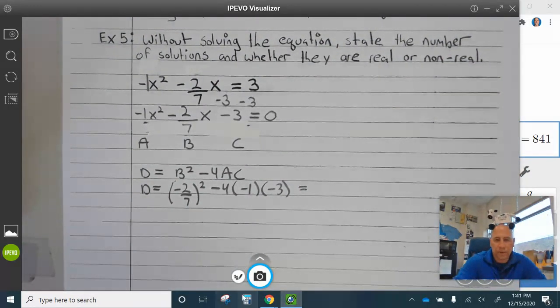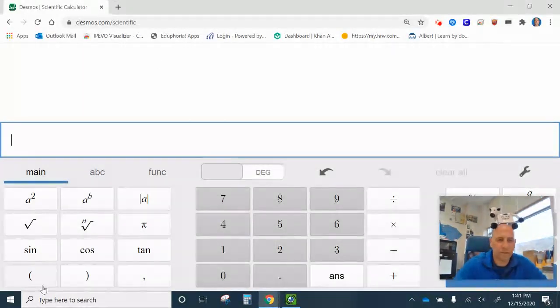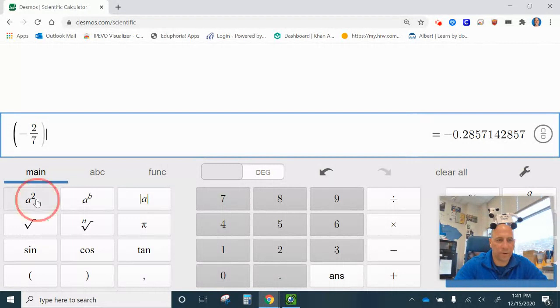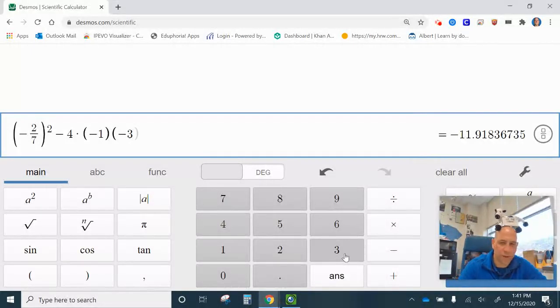Alright, so now let's use the scientific calculator. So parentheses, negative 2 divided by 7 squared minus 4 times negative 1, and you probably want to put that in parentheses, negative 1, parentheses, negative 3.